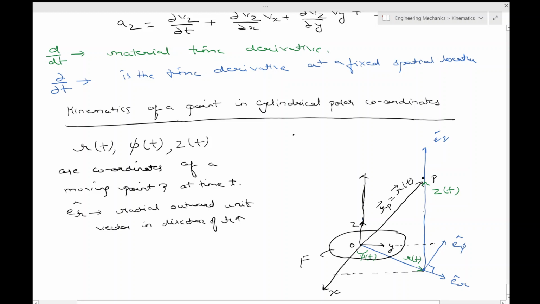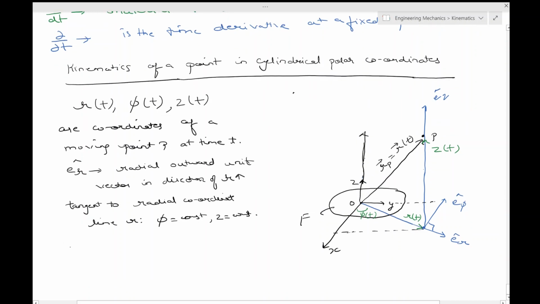And that is tangent to the radial coordinate line r for phi equal to constant, and z is also equal to constant over here.